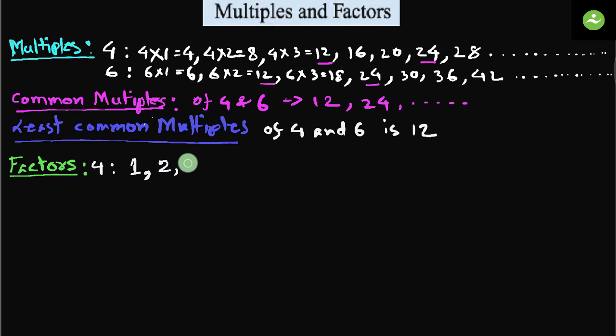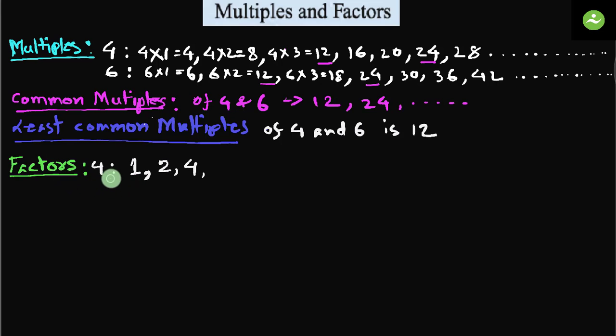Divide 4 by 4. Yes, it is divisible and there is no remainder, so 4 is a factor of 4. Is 5 a factor of 4? No, because that is not evenly divisible. 5 is a larger number. We cannot divide 4 by 5.